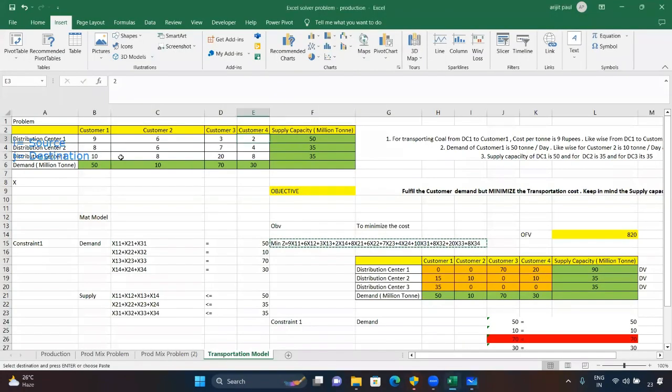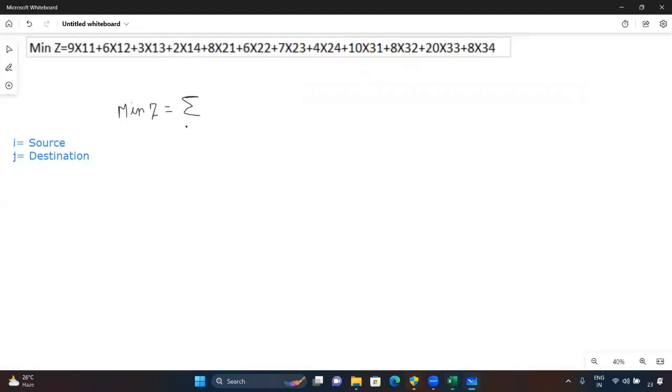Now what is the maximum value of i? The maximum value of i is 3, because we have only 3 sources. Okay, so that means we can write here i equals 1 and this is 3. Okay.